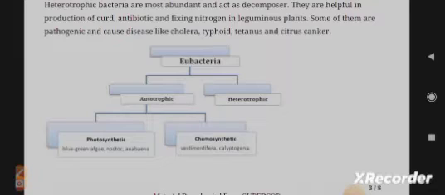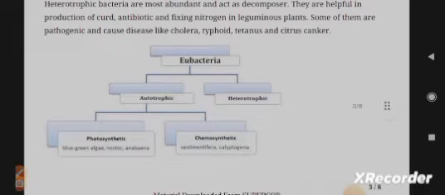Heterotrophic have parasitic, saprophytic, etc. But eubacteria autotrophs have photosynthetic autotrophic and chemosynthetic. In photosynthetic come BGA and Nostoc, and in chemosynthetic, Vestimentifera and Calyptogena.